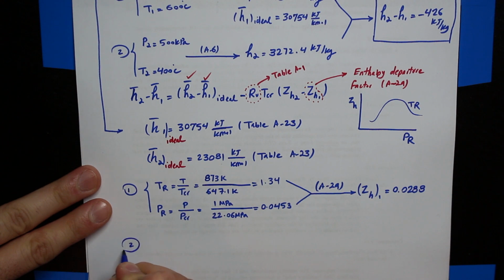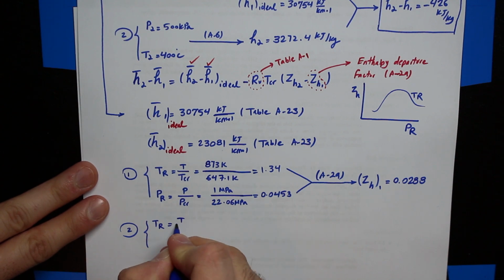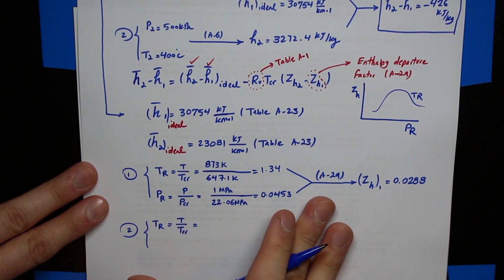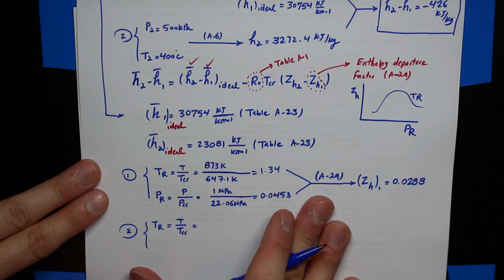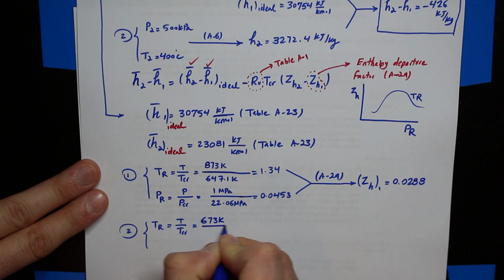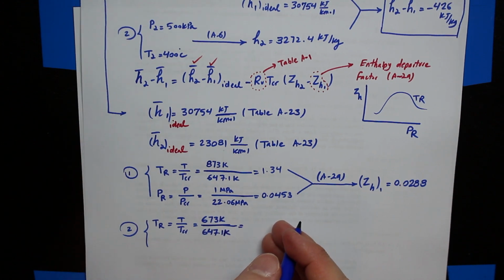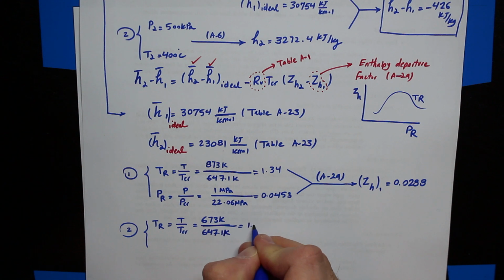So let's say for state 2, I have reduced temperature, which is T over T critical. State 2, my temperature is 400 degrees C, so that will be 673 Kelvin over the critical temperature, which is 647.1 Kelvin. And that will give me the reduced temperature of 1.04, which is a dimensionless number because that's Kelvin divided by Kelvin.